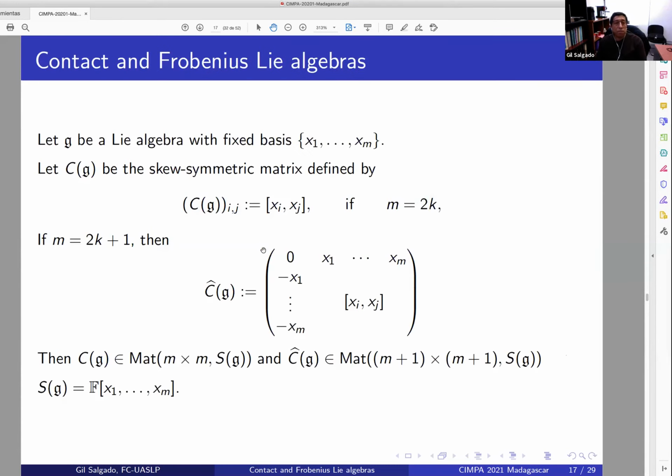And now let me talk about the relationship between contact and Frobenius Lie algebras. To do this, I need to define two skew-symmetric matrices. Take a Lie algebra and fix a basis x1 to xm, and define the matrices as follows. If the dimension is an even number, you define the C of G matrix in this way.